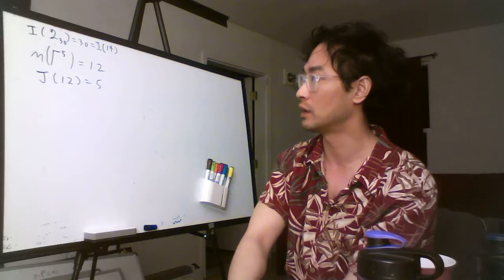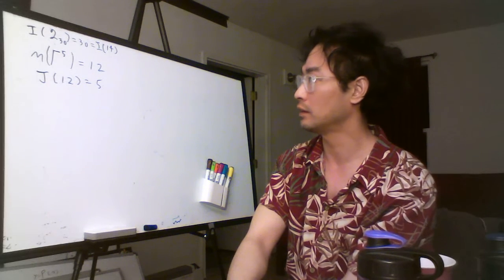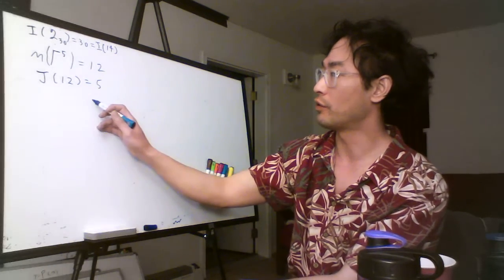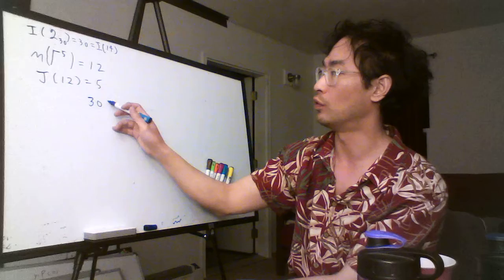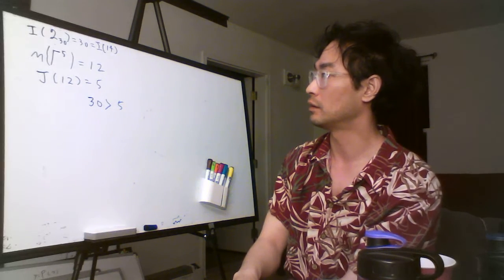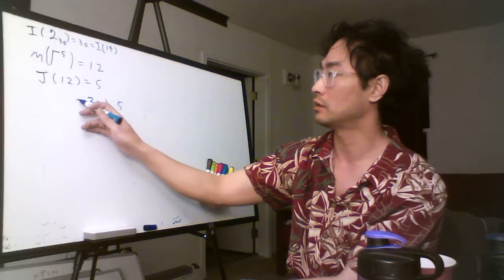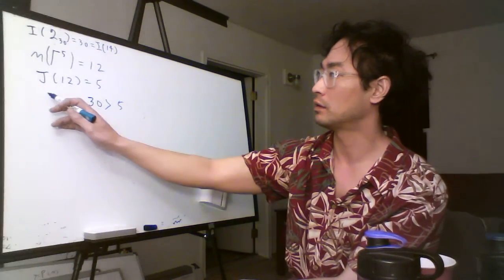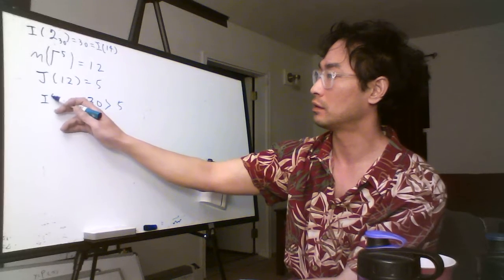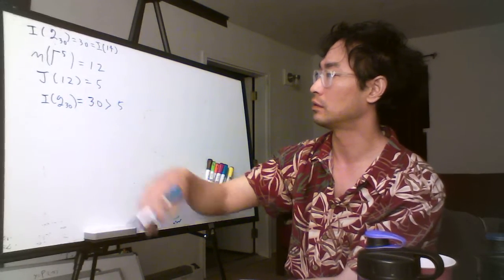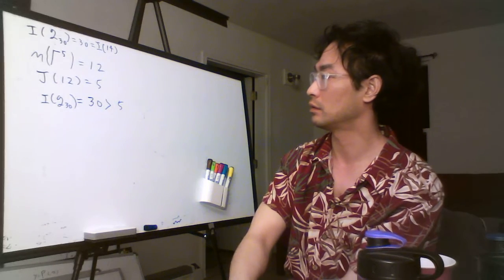So that's J. Now we know 30 is more than 5.